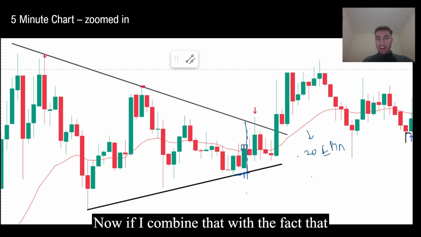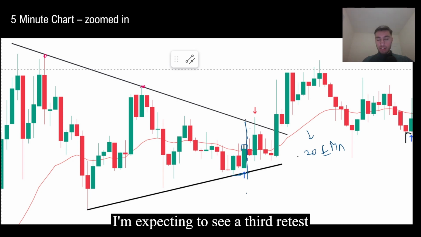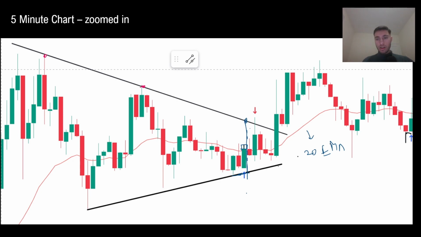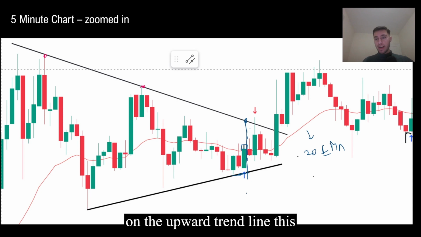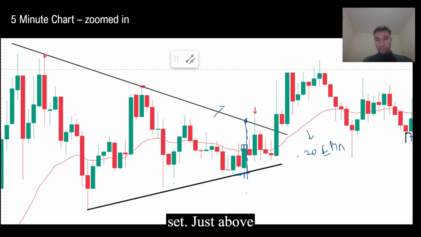Now, if I combine that with the fact that I'm expecting to see a third retest on the upward trend line, this one, then I thought it made sense for me to take a scalp with my stop loss set just above the low of this candle. So this was my stop loss, this point.